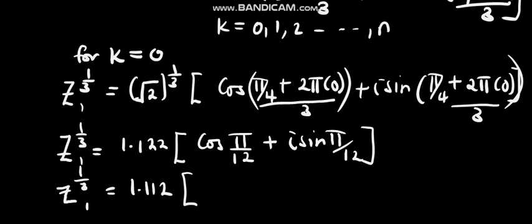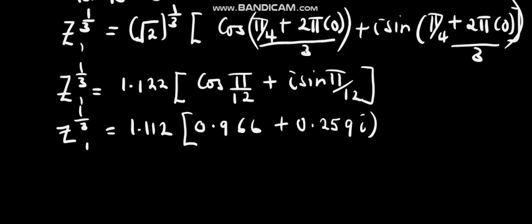So z1 will be equal to 1.122 times (cos pi/12 plus i sine pi/12). What is cos pi/12? It is 0.966. Then plus, what is sine pi/12? It is 0.259 i. Are we together?